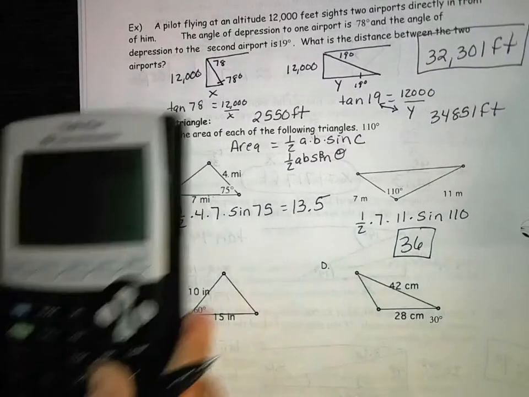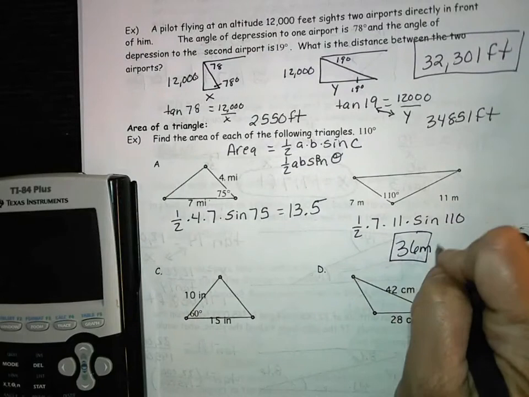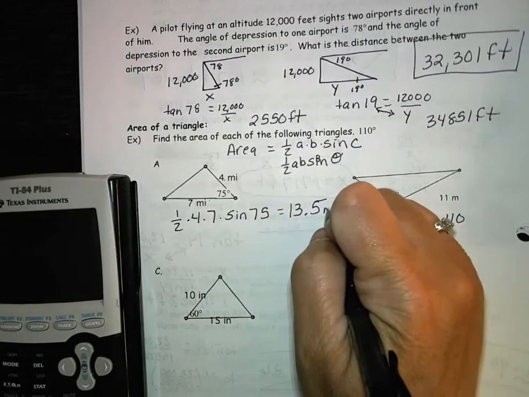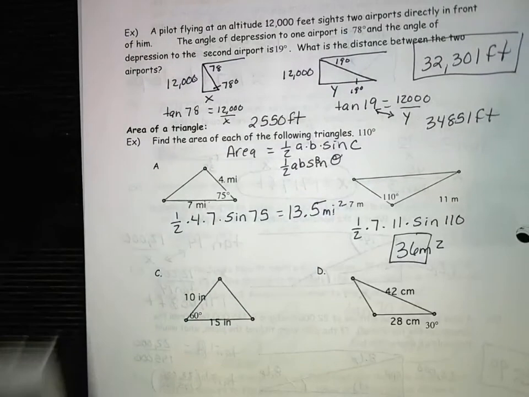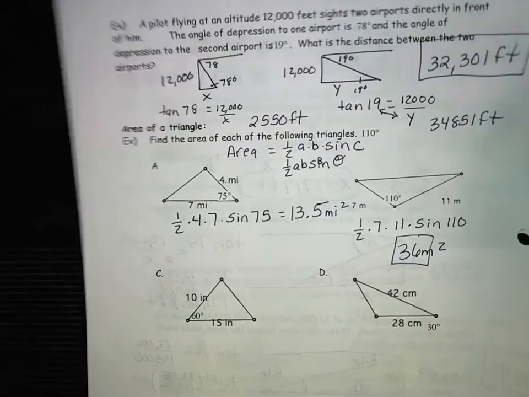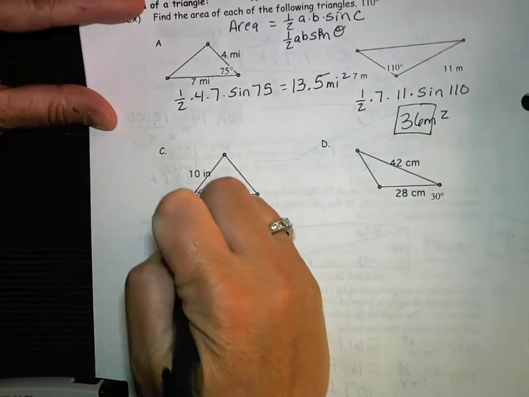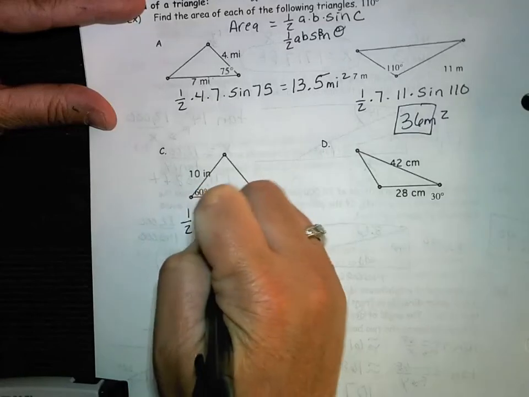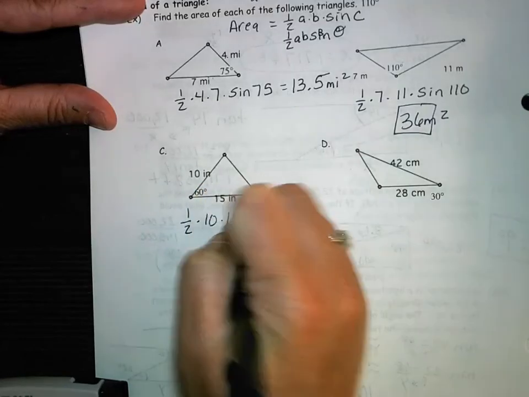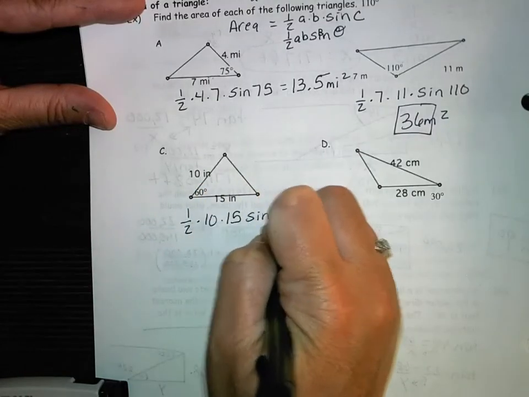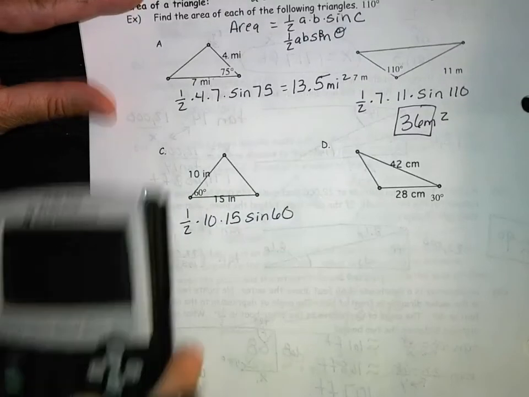And I probably should label these square meters, and that one would be square miles. Letter C, 1/2 ab sine of theta, 1/2 times 10 times 15 times the sine of 60.